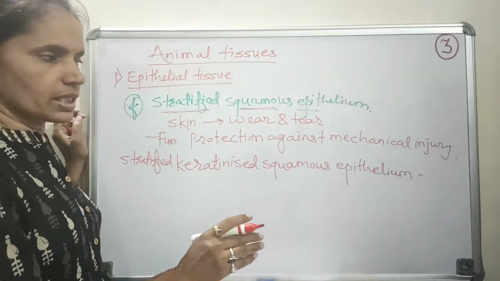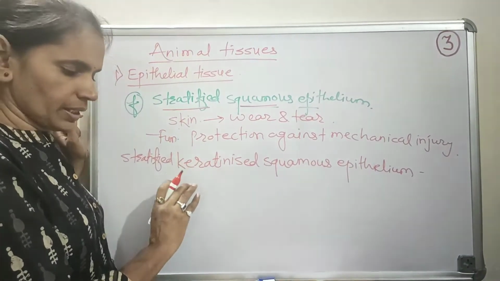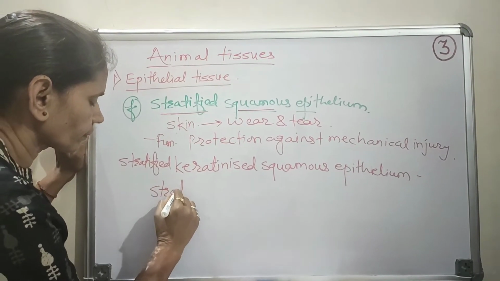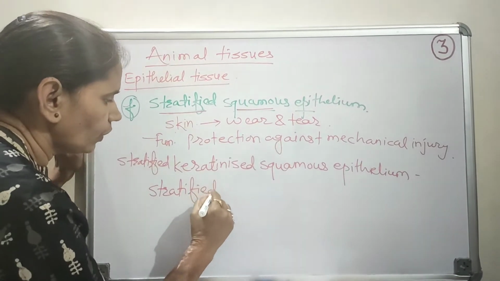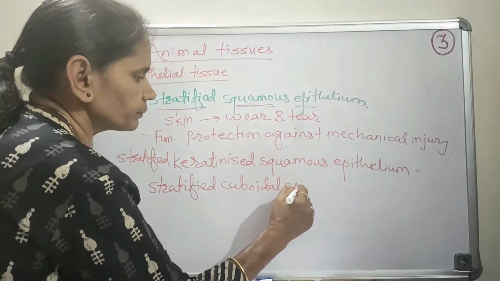In some cases, layers of cuboidal tissue are present, known as stratified cuboidal epithelium.